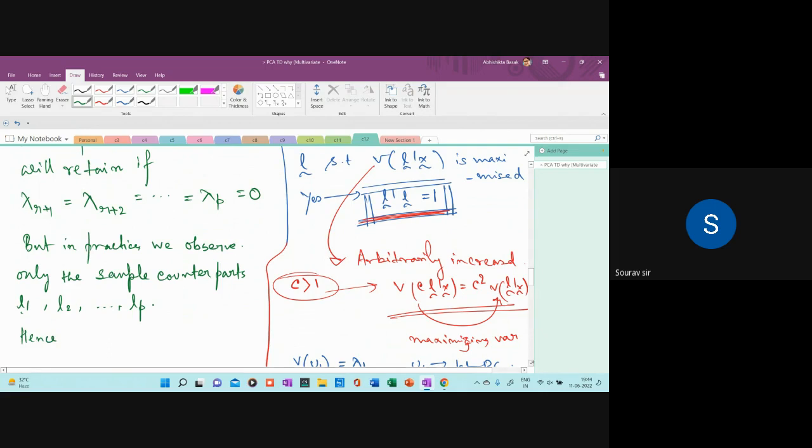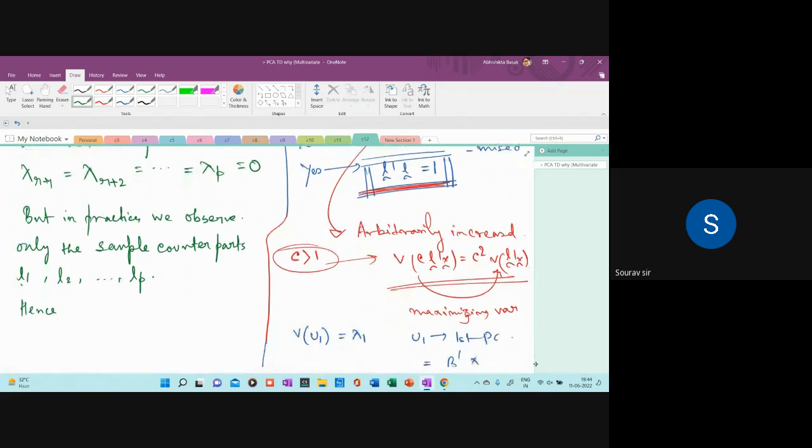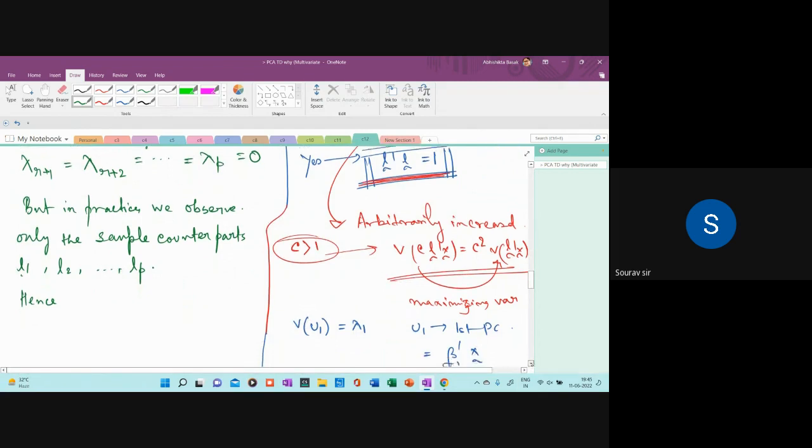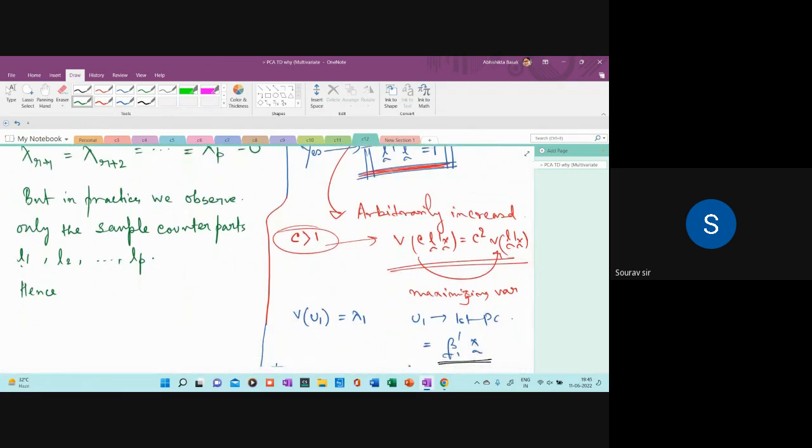So we know that while we are doing the testing, this is the visualization and all the procedure we are talking about. But in real life, when we deal with a particular data, we really observe the sample counterparts of the components, which we are denoting as L1, L2, ..., Lp.